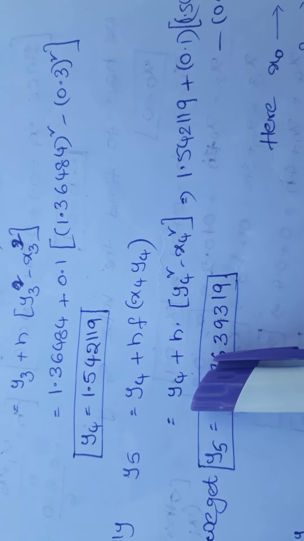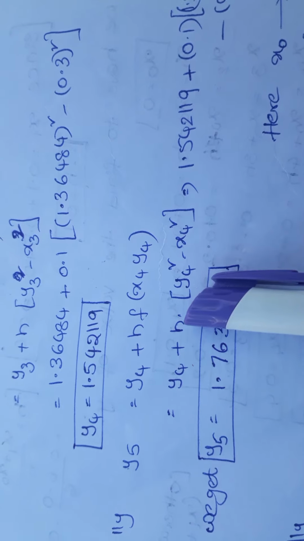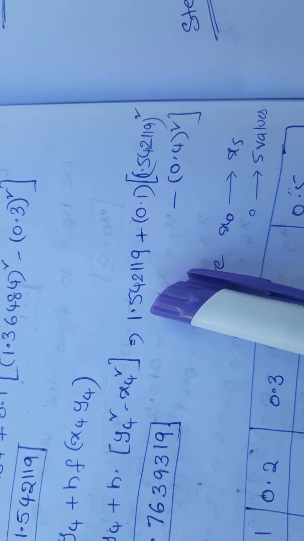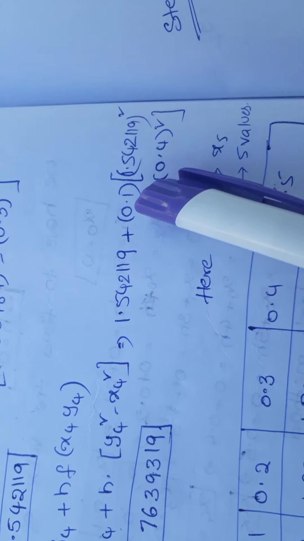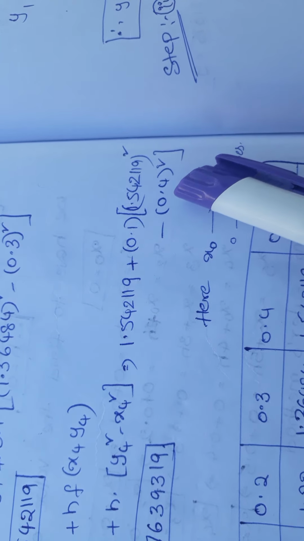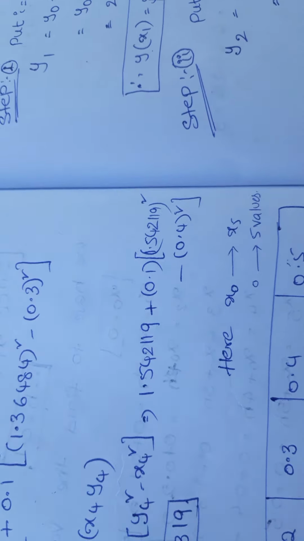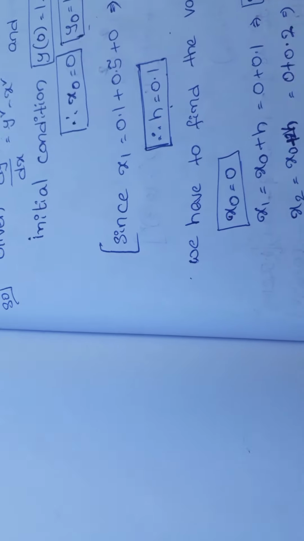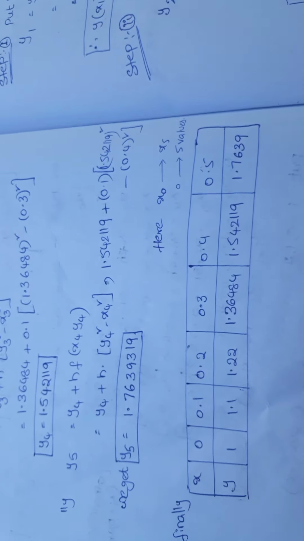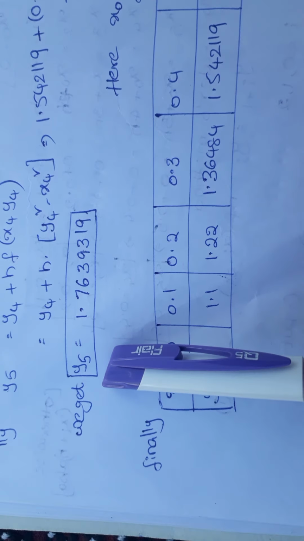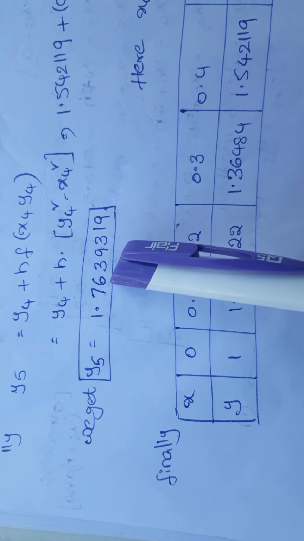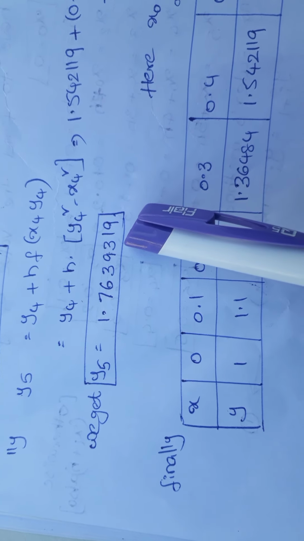Okay, substituting the values of y4, h, x4 here, 1.542119 plus step value 0.1, and y4 value is this one, x4 value 0.4 here. So we get the value of y5 is 1.7639319.